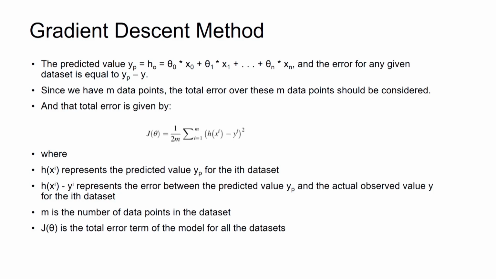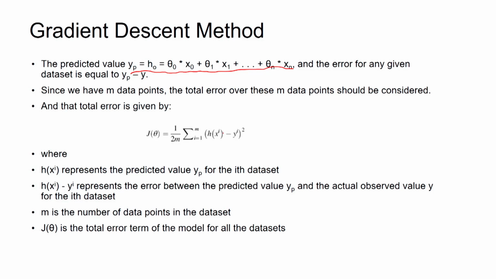So, here we can see this is the model, and in this case this model is written in case of multiple linear regression model. So, we are assuming that there are more than one independent variables.